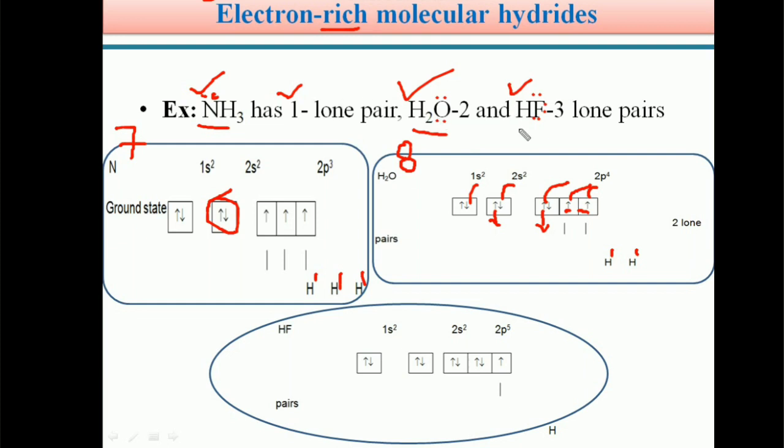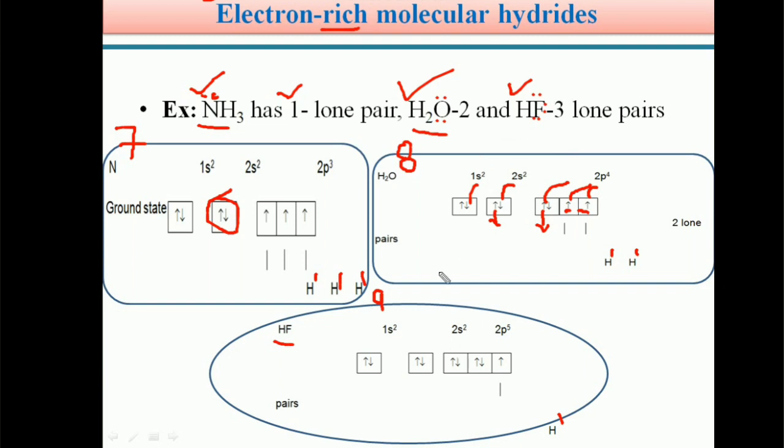If you see hydrogen fluoride, so students, fluorine's atomic number we know very well. Its atomic number is 9 and electronic configuration is 1s2, 2s2, 2p5. So it has only one unpaired electron. This one unpaired electron is shared with the unpaired electron of hydrogen and forms a HF molecule. Therefore in HF molecule there are three lone pairs of electrons on fluorine atom.